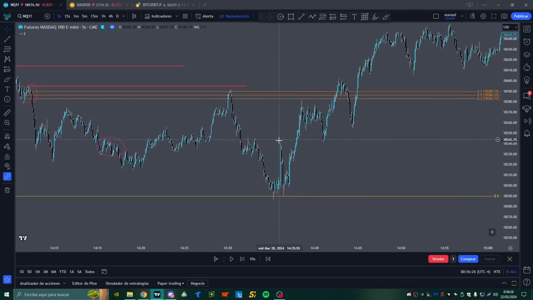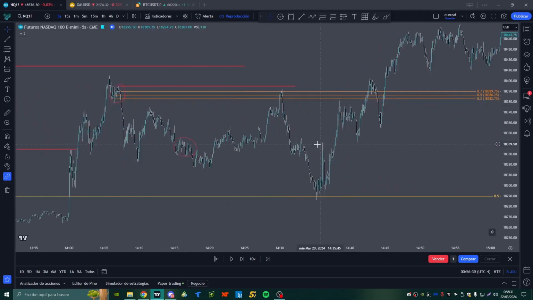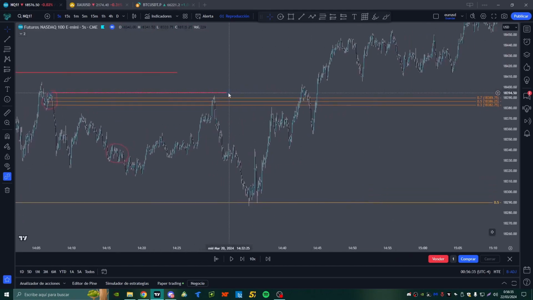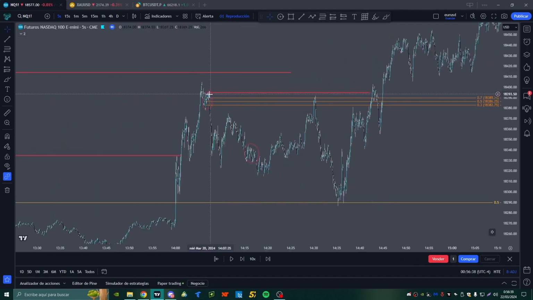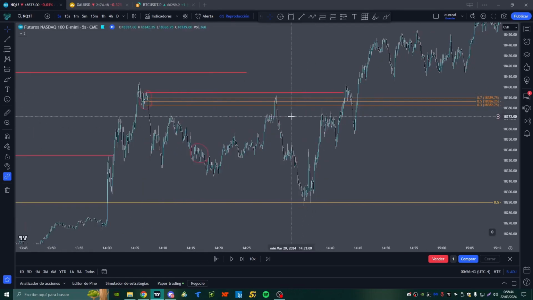And we start to go as far as this first point of origin. And we wait for the break of it to leave us a responsible area again. And the break occurs at the same time as the break of the responsible that had generated this origin for us.